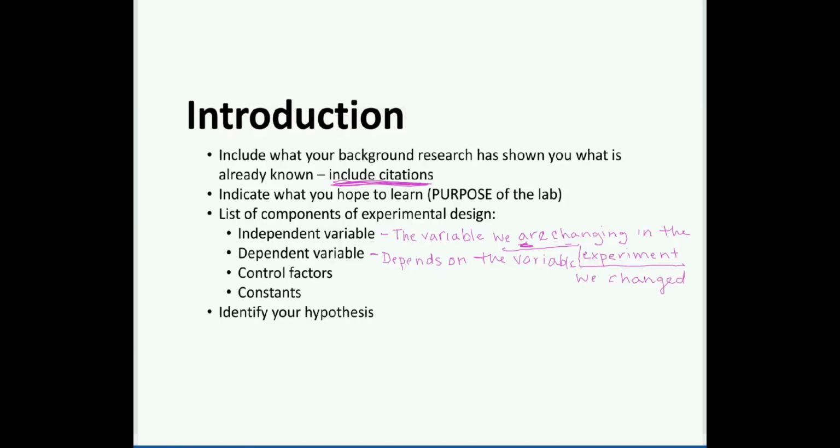Your control factors are the same. A lot of times the control and the constants are the same. So let's say the soil, the amount of soil would be the same in the plants.